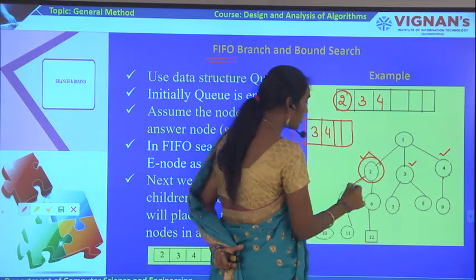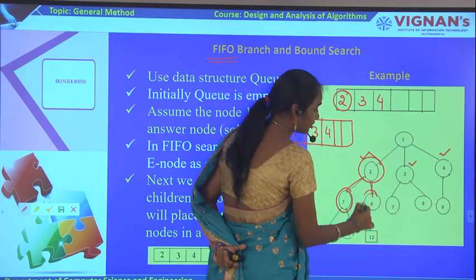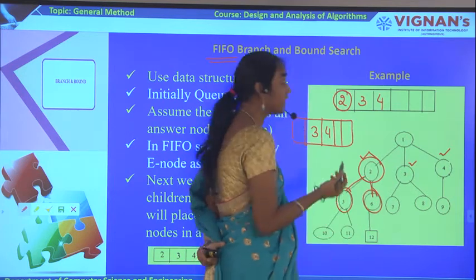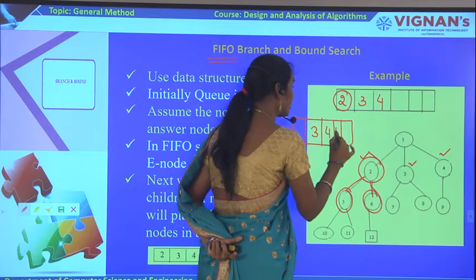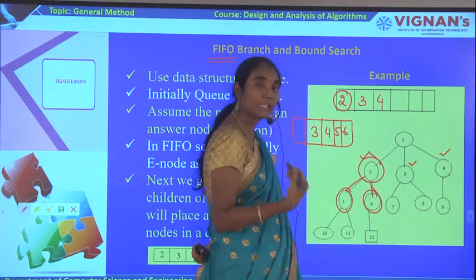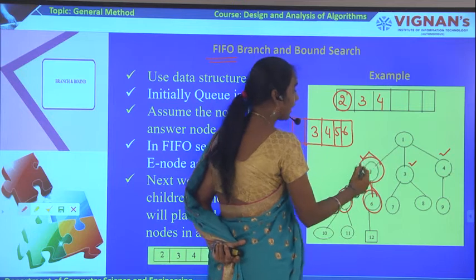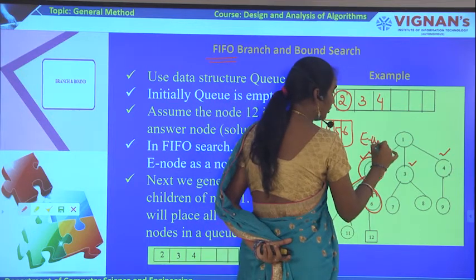Its children are 5 and 6, so I insert 5 and 6 into my queue.